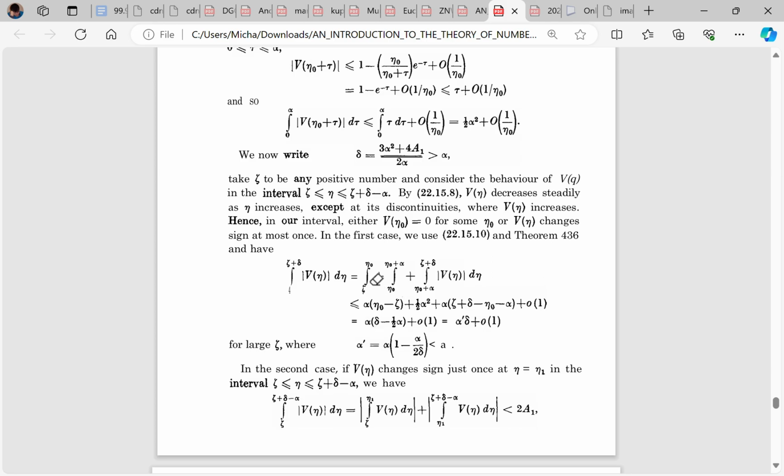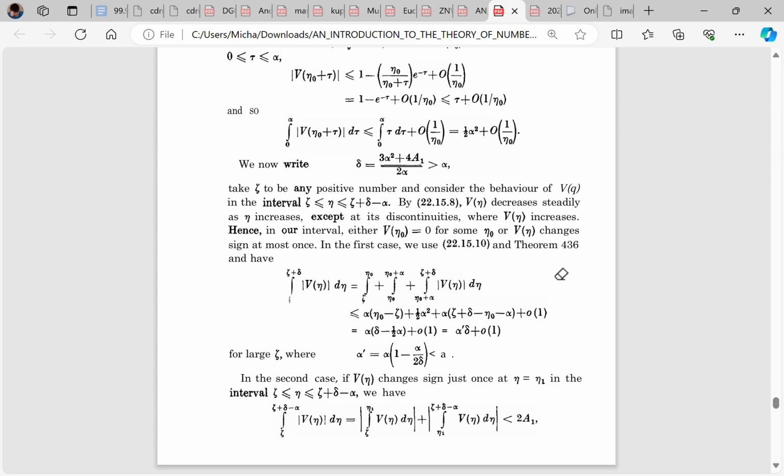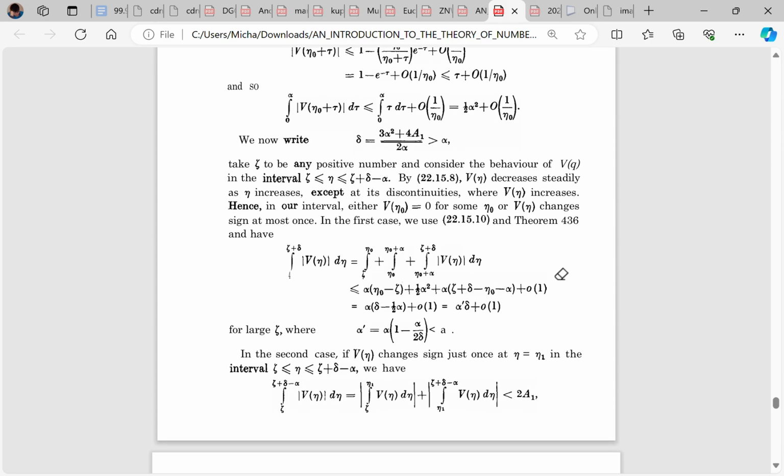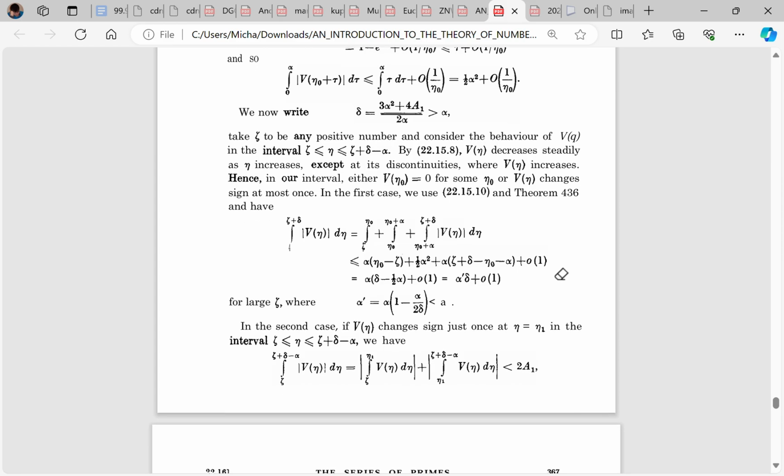But the point is, the o of 1 from each of those, so all of the error terms come to the little o of 1 here. Okay.